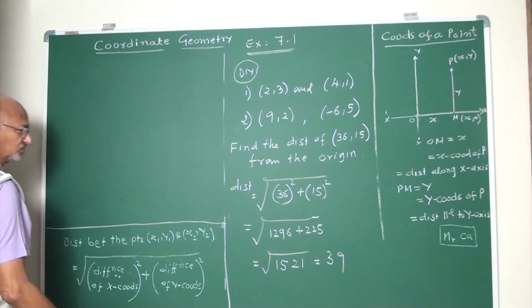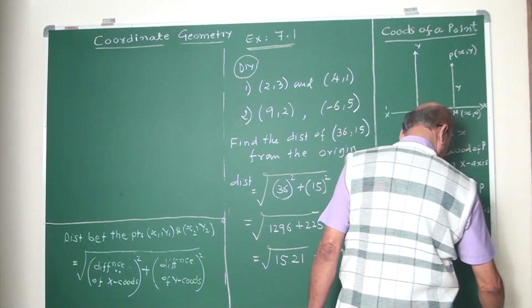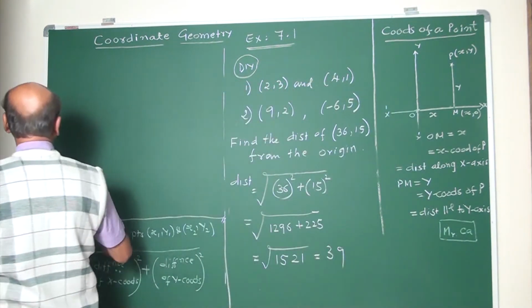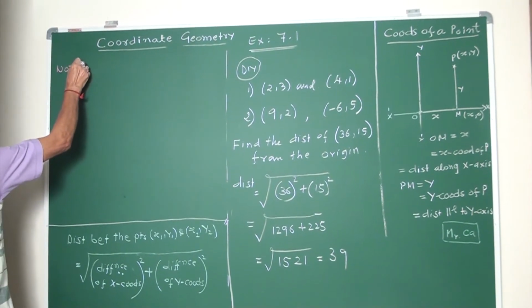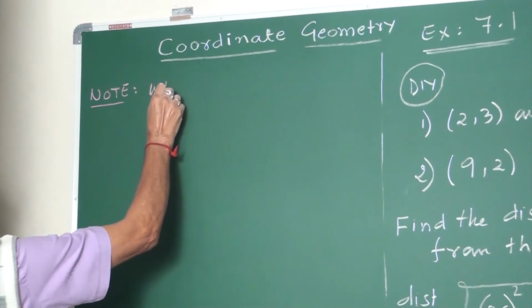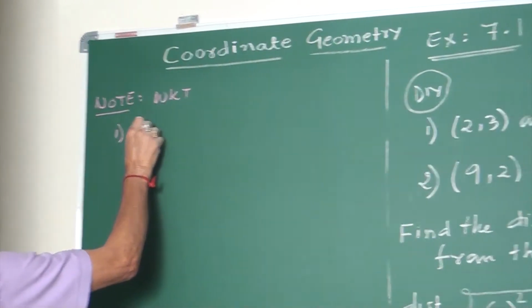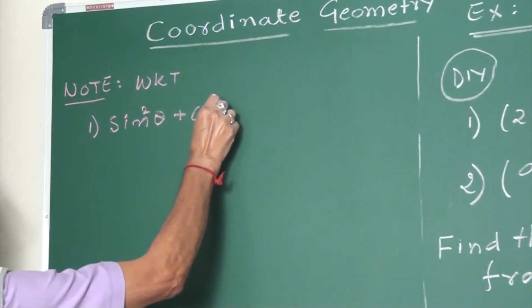Note, we know this. We know already, I have completed trigonometry. We know that sin square theta plus cos square theta is 1.